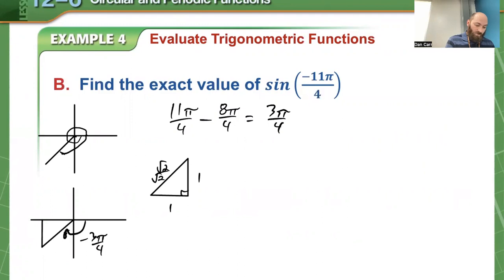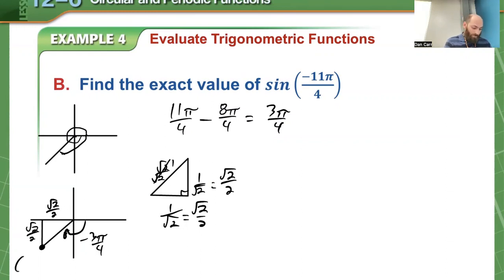So if I divide everything by root 2, then that's a 1, this is 1 over root 2, which is the same as root 2 over 2, and this is also root 2 over 2. So both of these sides are root 2 over 2, which makes that point negative root 2 over 2 and negative root 2 over 2.